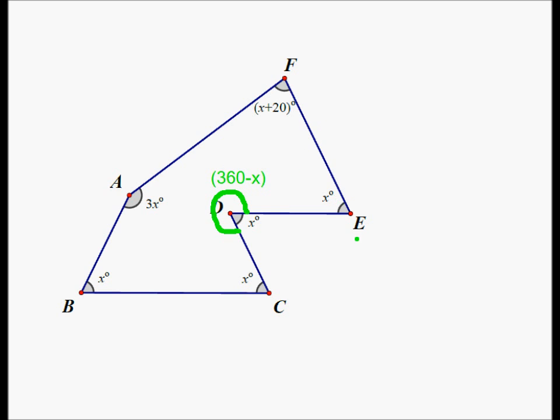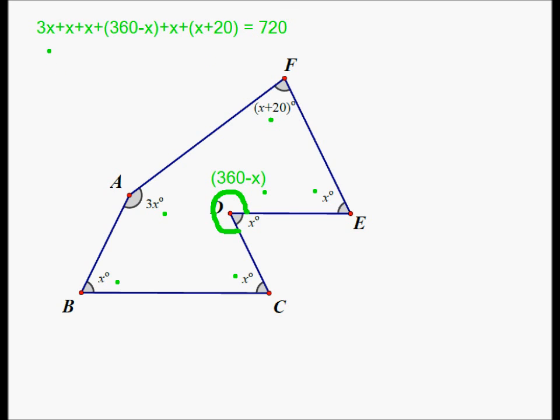Alright, now from the previous slide we know if I add all 6 of these angles, 1, 2, 3, 4, 5, 6, my sum should be 720, and we're going to do it here carefully. So let's add them all up. 3x plus x plus x plus 360 minus x plus x plus x plus 20 must equal 720.